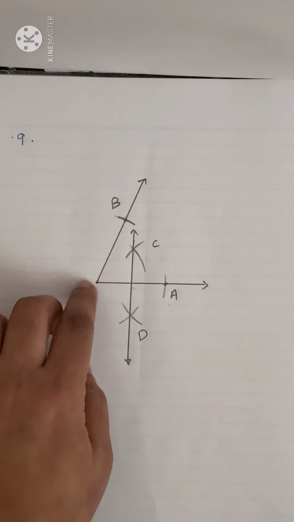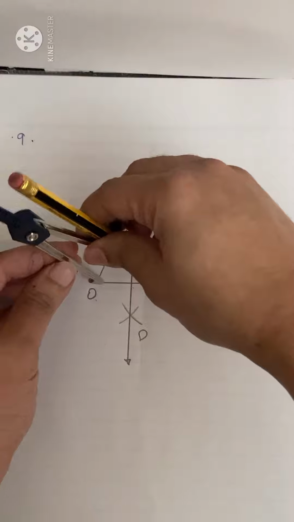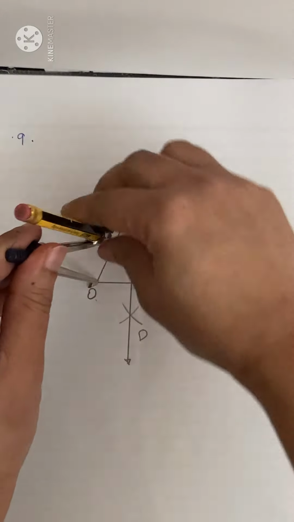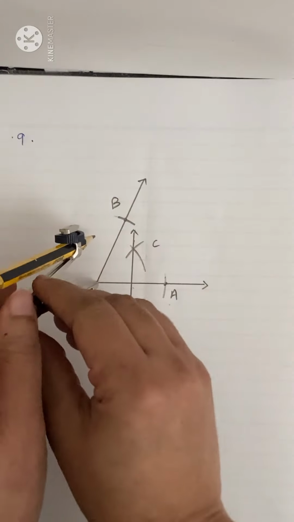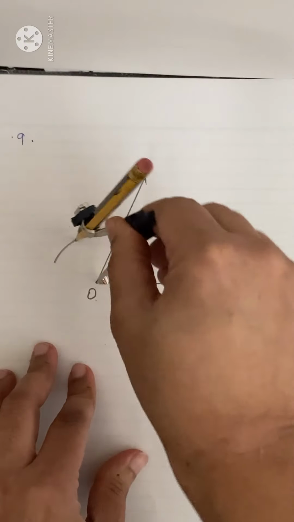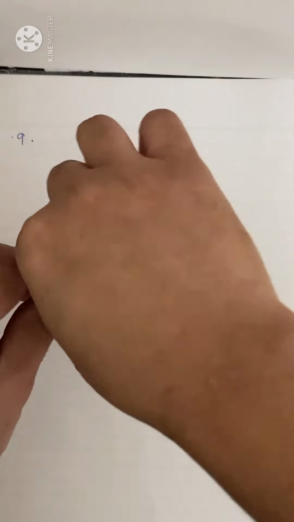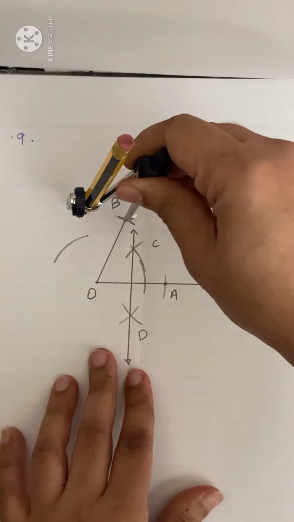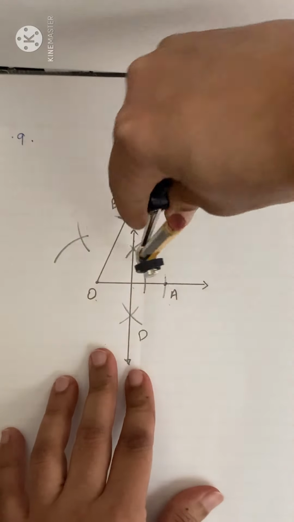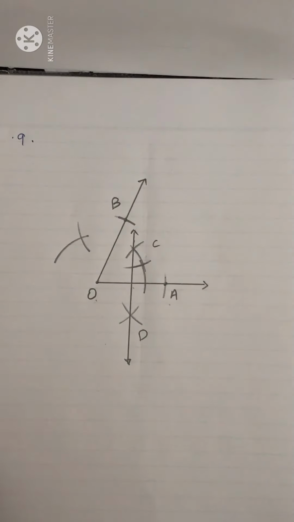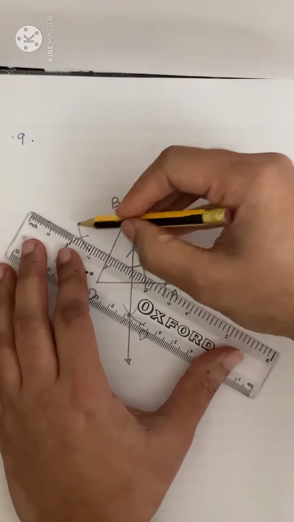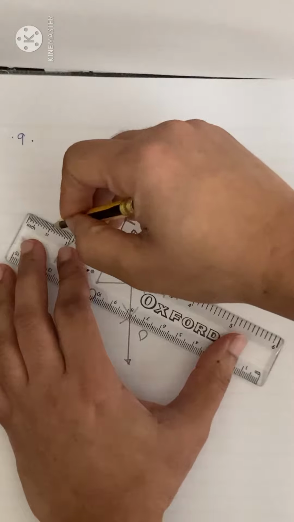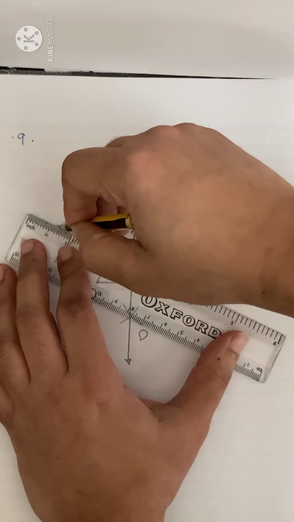Same you have to do with OB also. With O as center, take a radius more than half of OB. Draw the arc. With B as center, repeat the same. Join the intersecting points.